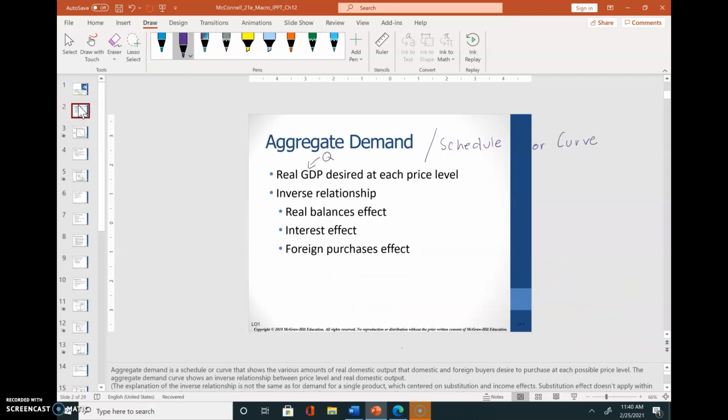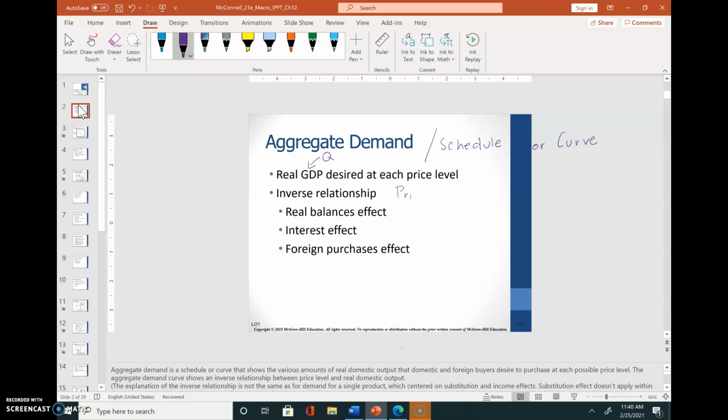Now, what is an aggregate demand curve or an aggregate demand schedule? This schedule or curve shows the amount of the economy's real gross domestic product that buyers collectively desire to buy at each possible price level. And we will see there is an inverse relation between price and real gross domestic product.